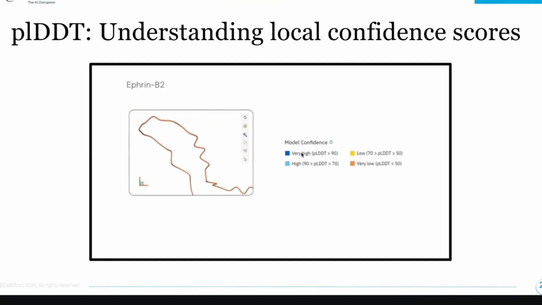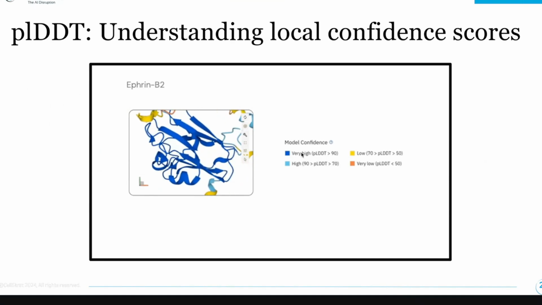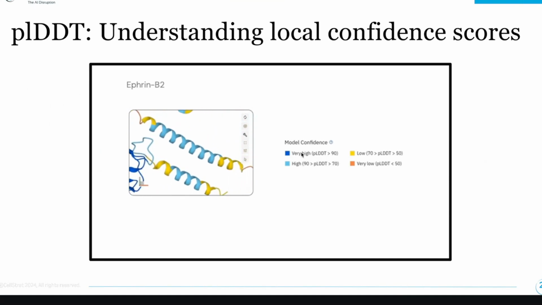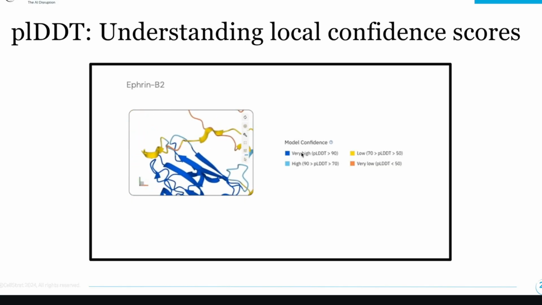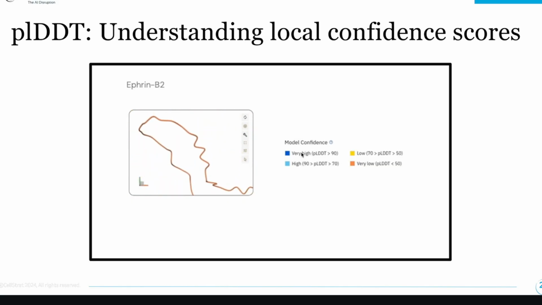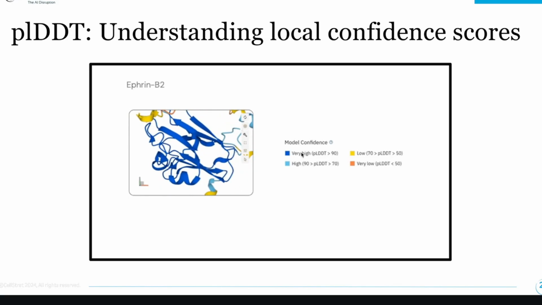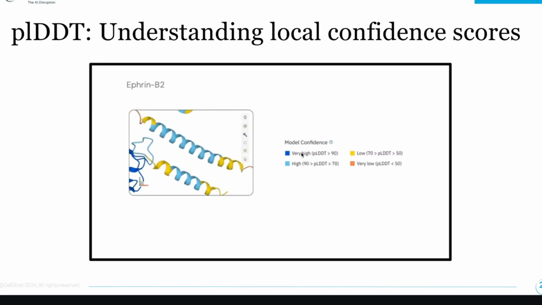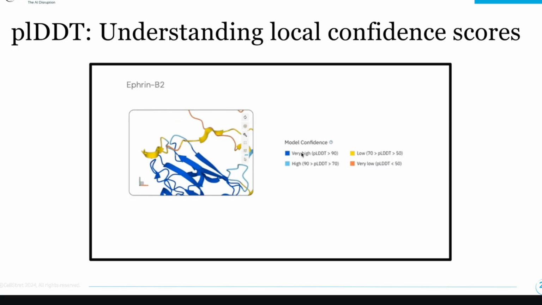pLDDT tells you where to trust the 3D model, whether you have to trust it or not. Low pLDDT regions suggest potential disorder, dynamic behavior, or binding-induced changes. There might be many changes within the model that can be disregarded, as they may not be of much importance.